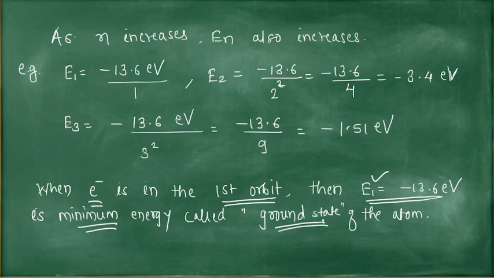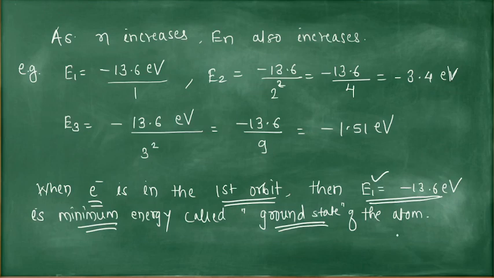Electron is in the first orbit. The minimum energy level is the first orbit level. So when the electron is in that orbit, it is said to be in the ground state of the atom. Ground state means the lowest energy level in the atom. So in hydrogen atom, when the electron is in the first orbit, we can say that the electron is in the ground state.